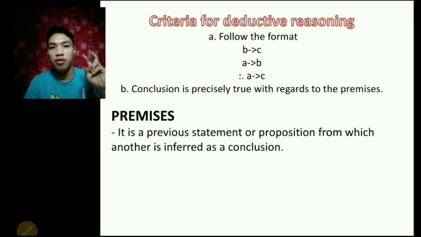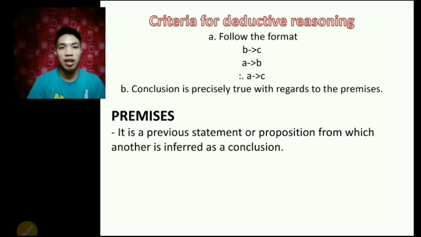So from the word itself, premise, it is a previous statement from which the conclusion is being inferred.